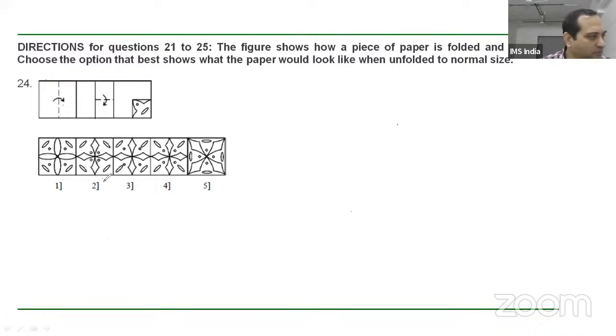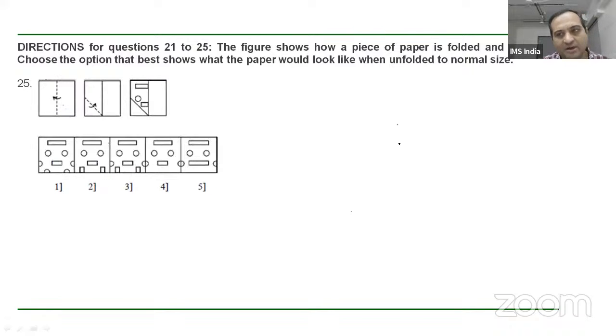Very good. Correct. Come on, then let's move on to the last question for the day. And then if you have any doubts, I will handle those doubts. Come on. Good, guys. Good, good.